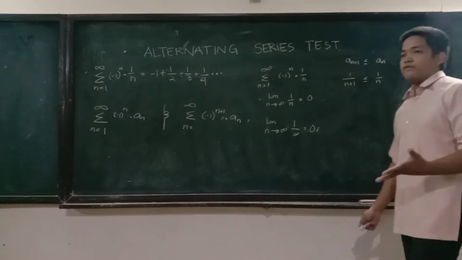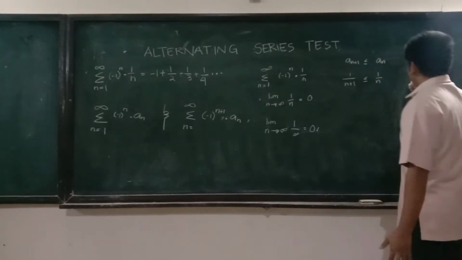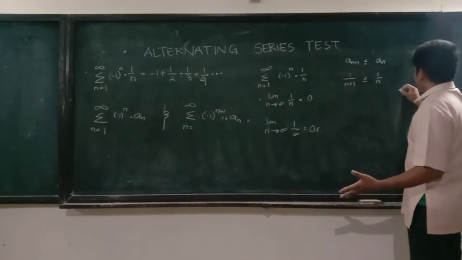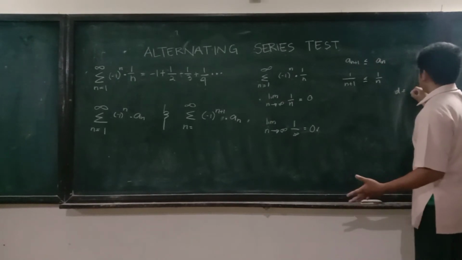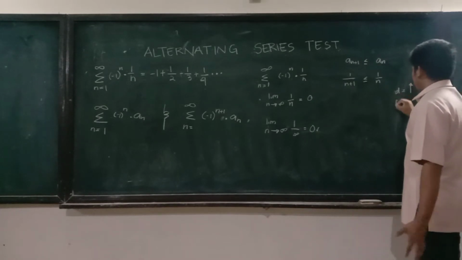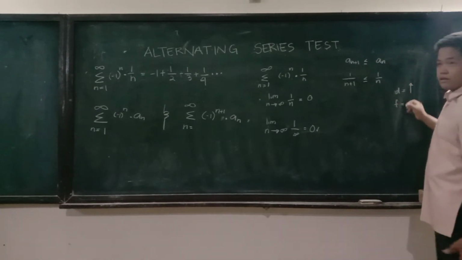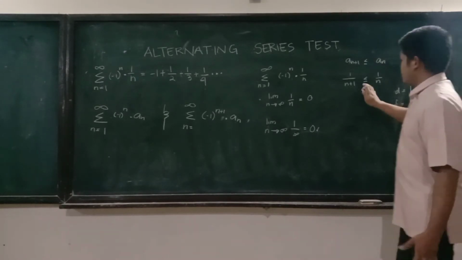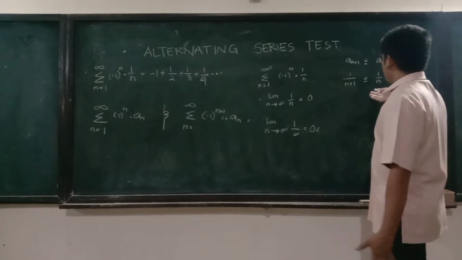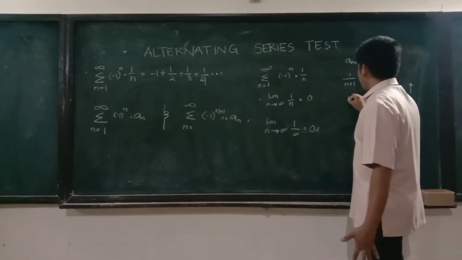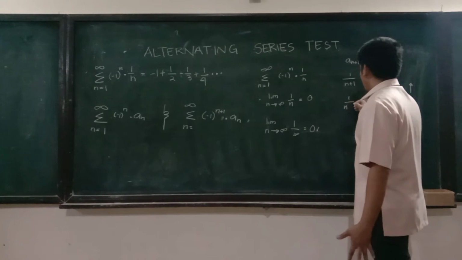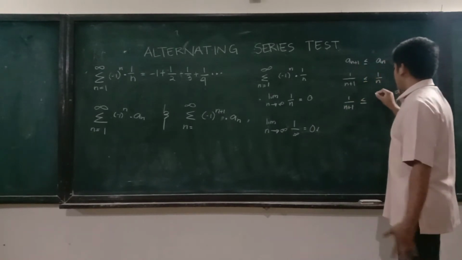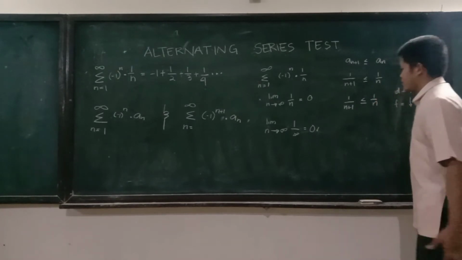By the rule of fractions, if the denominator is increasing, the value of the fraction is decreasing. Therefore, in this inequality, it is reasonable that 1 over n plus 1 is always less than 1 over n.